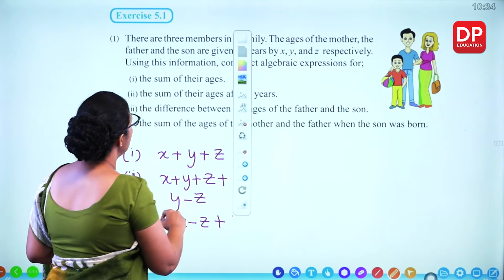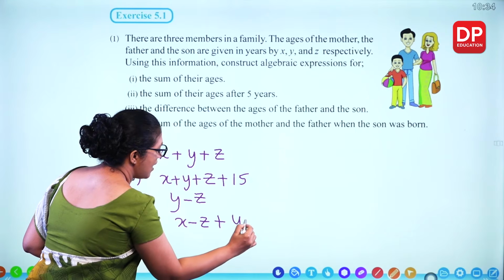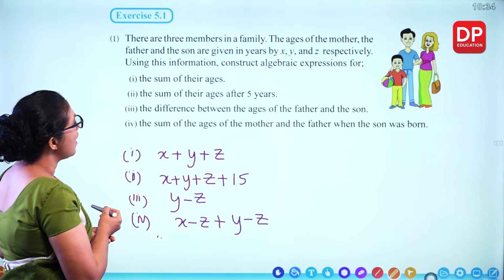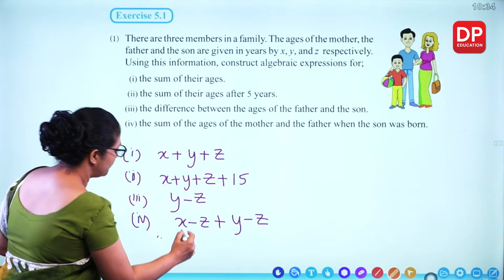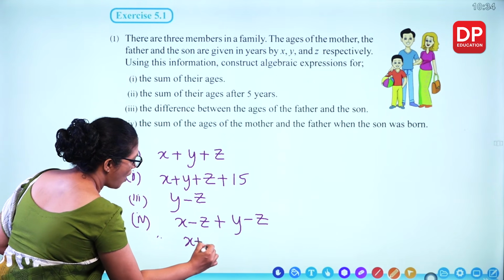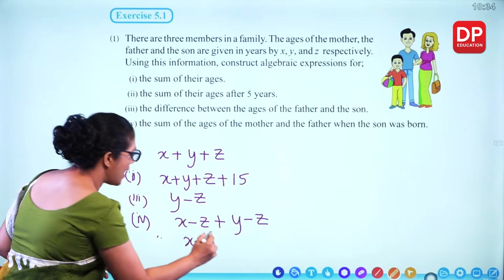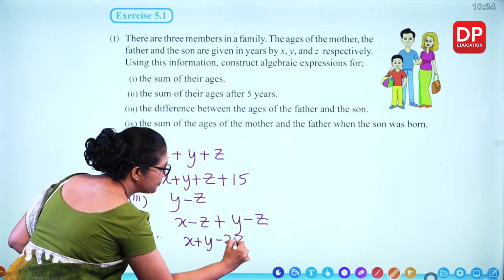Y and subtract Z. And when you simplify that, you get X plus Y minus, 1 Z and 1 Z, minus 2Z.